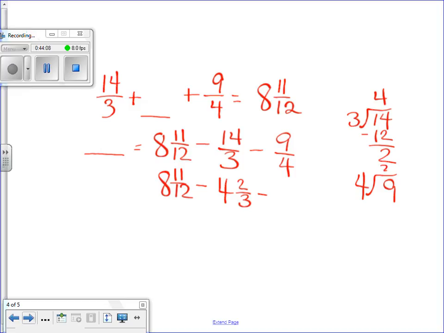That's 2 and 1/4. Oh, yeah. So you should be able to do the rest. So go ahead and do it.